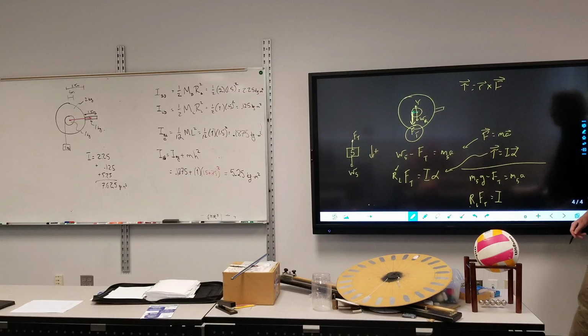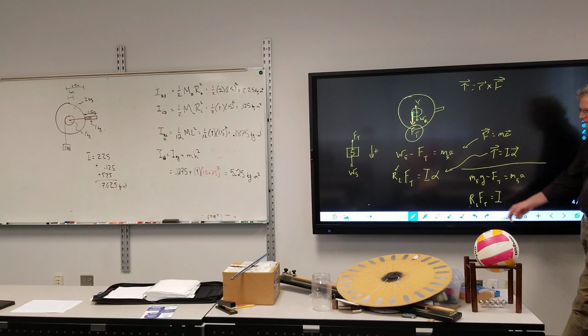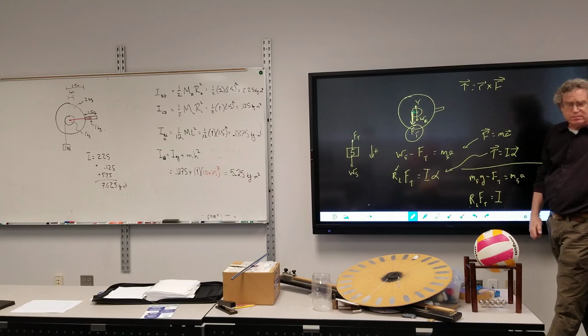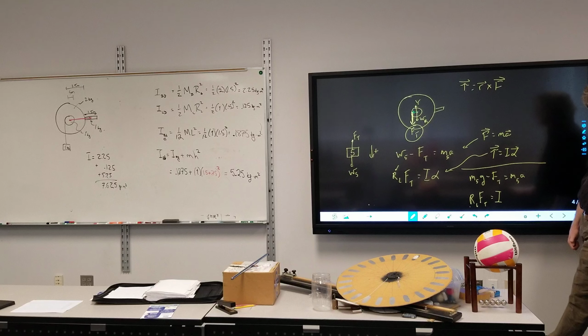And then alpha. What is the relationship between alpha and a? The mathematical relationship that connects angular acceleration and the tangential acceleration. There's another factor in there.